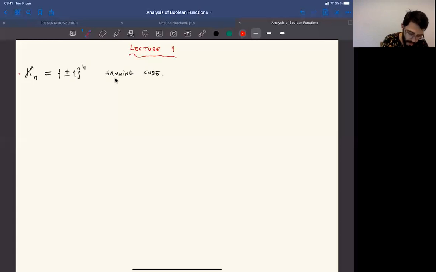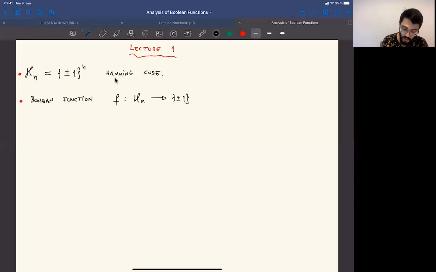And then we have a Boolean function. It's just some function from the Hamming cube to plus or minus 1. So we only have values at plus or minus 1.